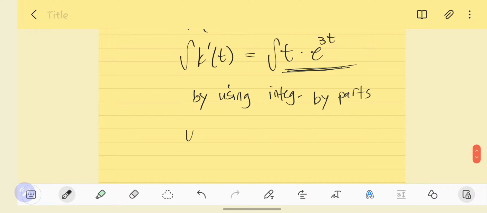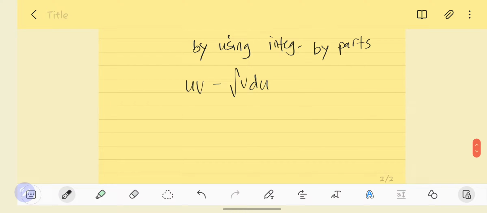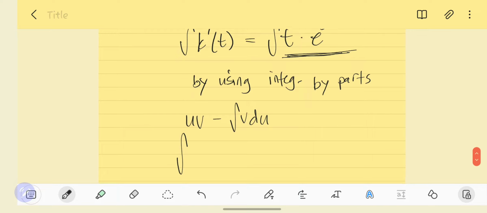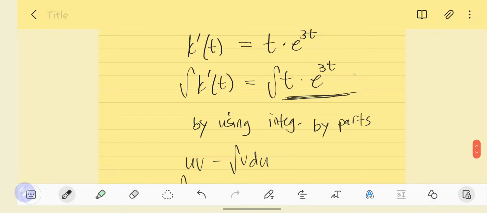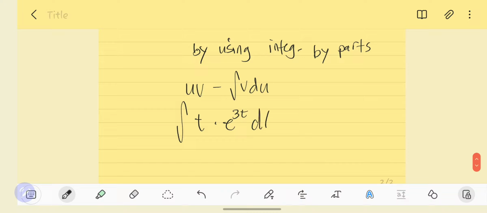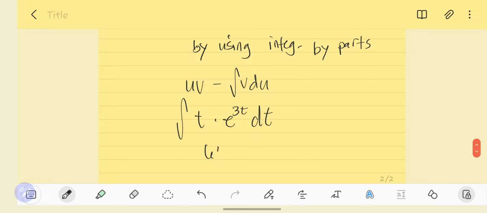That is uv minus the integral of v du. So the integral of t times e to the 3t dt. Let u be equal to t, then du is equal to dt.